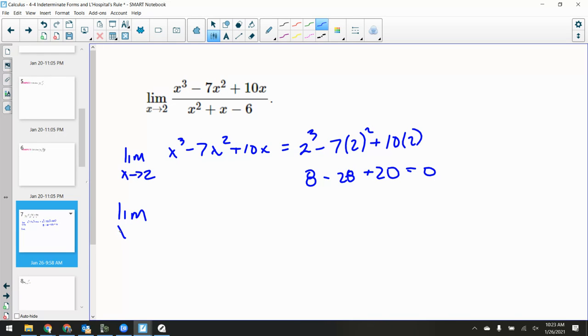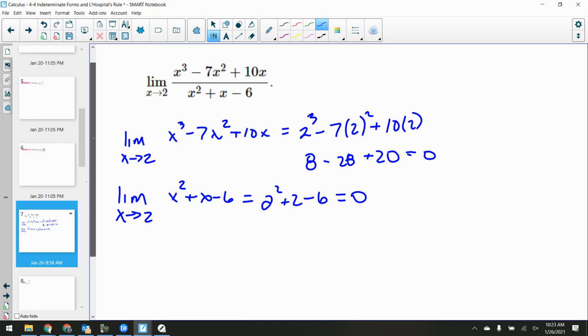The limit of the bottom, as x approaches 2, of x squared plus x minus 6, would be 2 squared plus 2 minus 6, which is 0. So we know that the hypothesis of L'Hopital's rule is fulfilled. So now we can apply it.